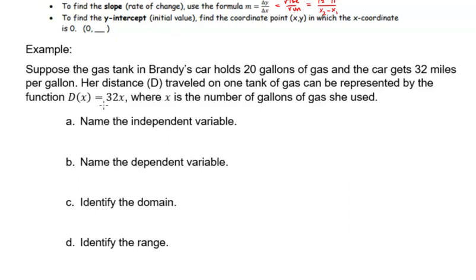So if we look at this relationship, the dependent variable is often going to be y or your function name like d of x or f of x. Oftentimes the d of x, f of x, whatever, is taking the place of y. So in this example, the dependent variable is going to be the distance traveled.